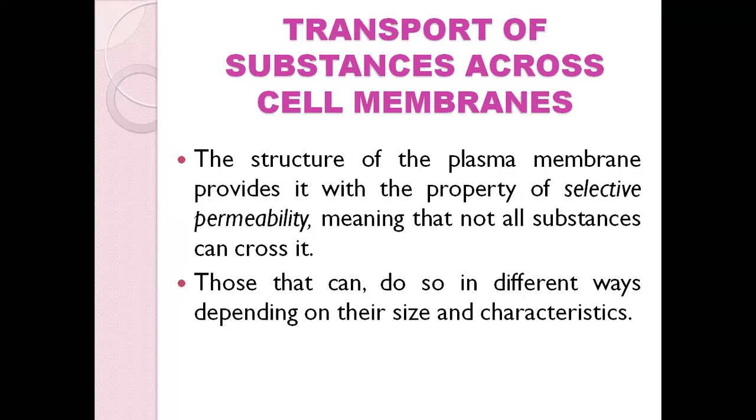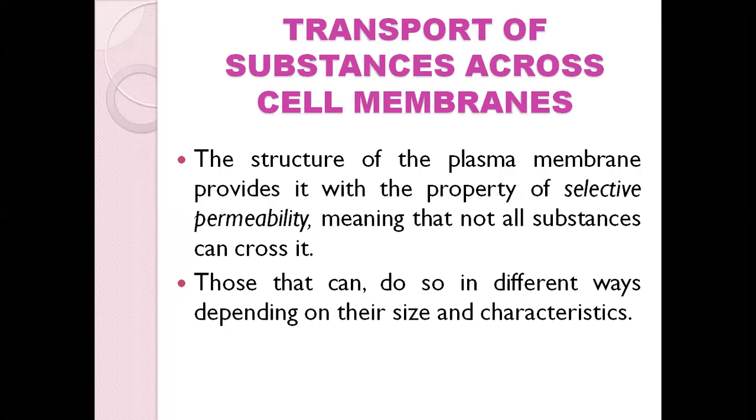For transferring substances, we have two mechanisms which we call passive and active. Whenever we say passive, the movement of the substances occurs without the use of any form of energy.